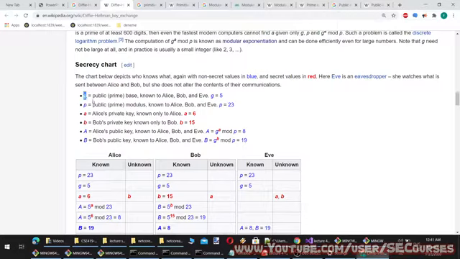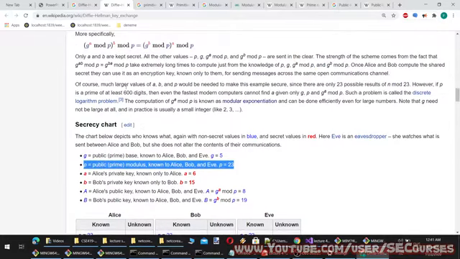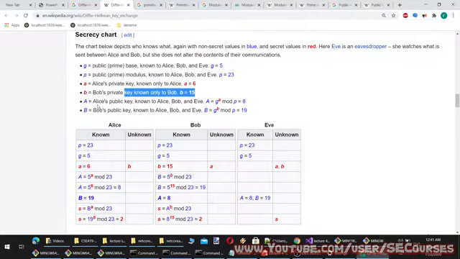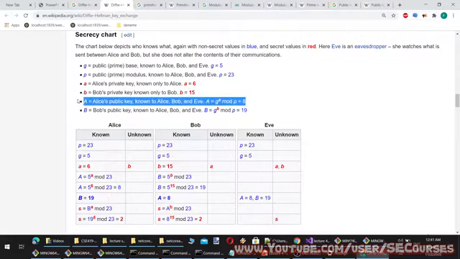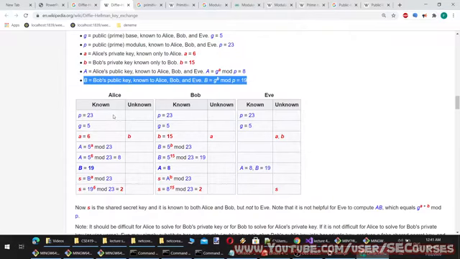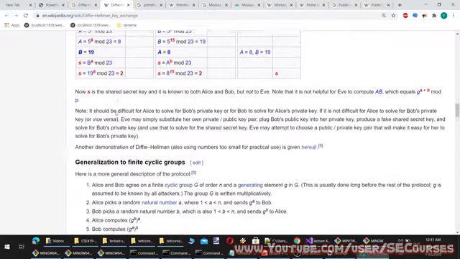So this is public G, the prime base, and P, the public prime modulus, and it is usually above 600 digits, as you can see. And A is Alice's private key, only known to Alice, and B is Bob's private key, only known to Bob. Then they calculate and send this calculation to each other. Then by using that, they generate a private key. Okay.